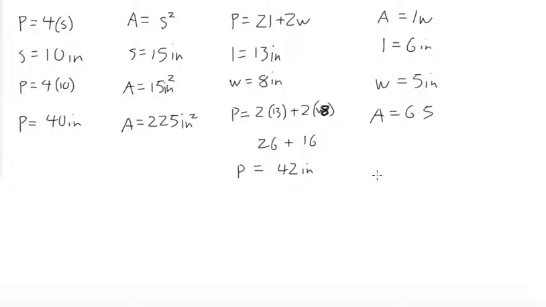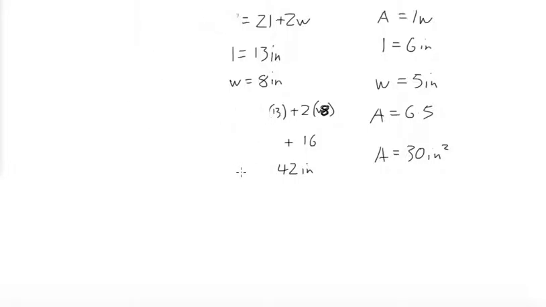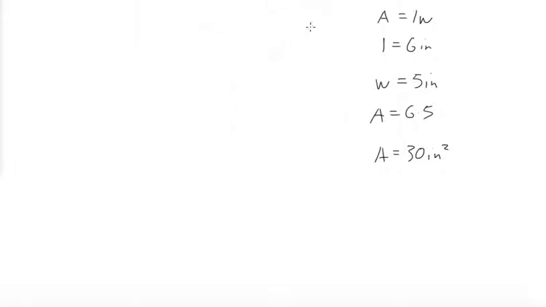So the area is 30 inches squared. Remember, it's not just inches by itself, it's inches squared. Okay? So those are some basic formulas for rectangles and squares.